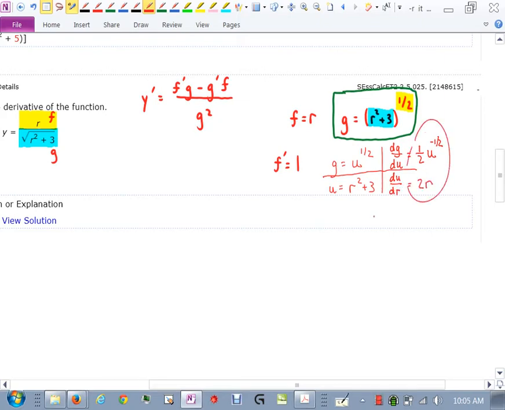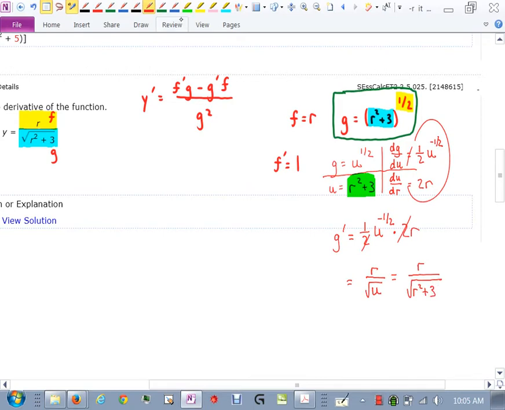And then I multiply those two together, and I get basically my derivative of g, which is 1/2 u to the negative 1/2 times 2r. Notice the 2's cancel. So I'll bring that r out front. And notice that I have my u to the negative 1/2. I drop it to the bottom, and then I'll just put a square root instead. And now I need to replace u with what it was, and just remember that u was actually r squared plus 3. So I put down here square root of r squared plus 3.